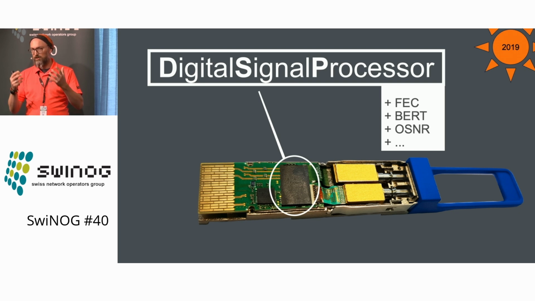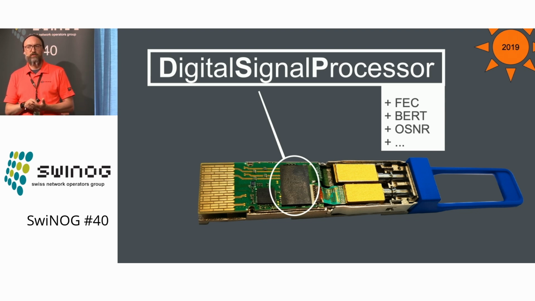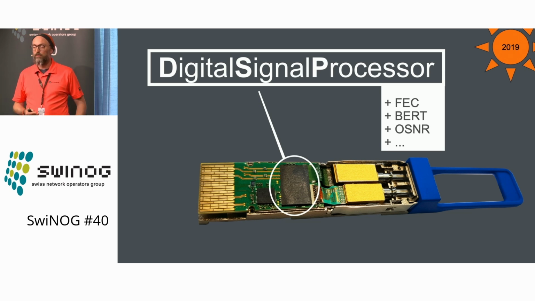This tiny chip covers a couple of functions, and the main one we want to talk about today is how we can run a bit error rate test inside of that DSP, and also how we can analyze the signal to noise ratio straight out of the DSP. So actually that's the chip, or the firmware, doing all the magic there.